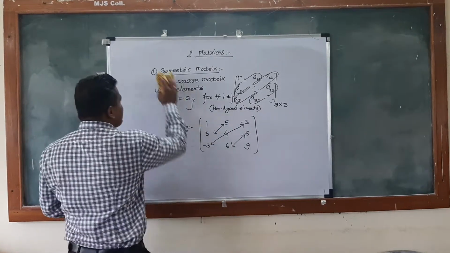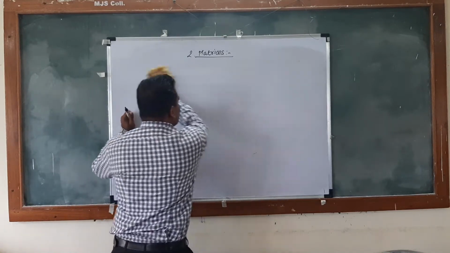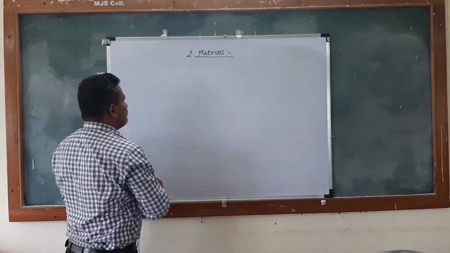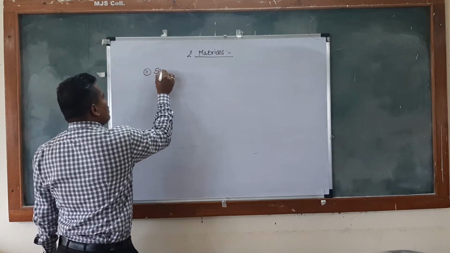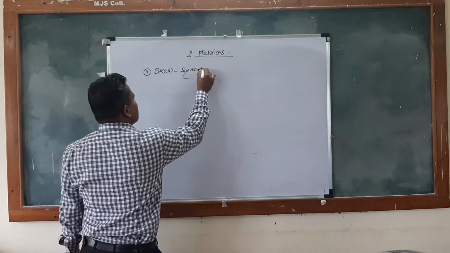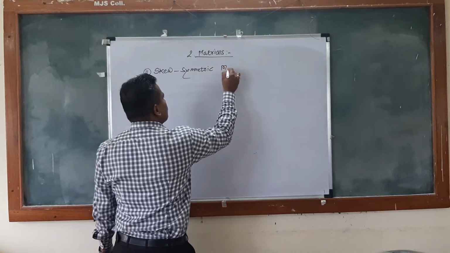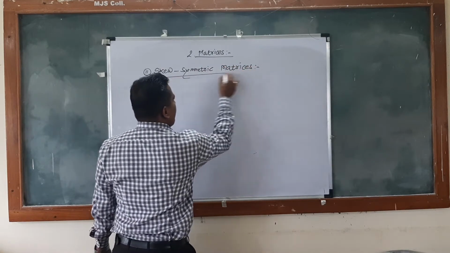Next type is skew symmetric matrices. This definition depends upon two conditions.